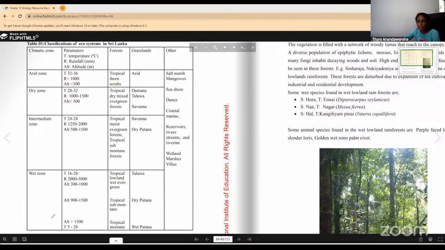And the rainfall must be highest at the wet zone, the intermediate zone having a mid range, 1,250 to 2,000, and 1,000 to 1,500, and in the arid zone low rainfall is there, right? So, altitude. In the wet zone, about 900 to 1,500.